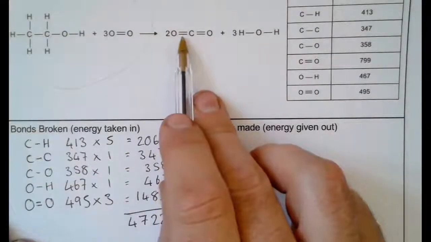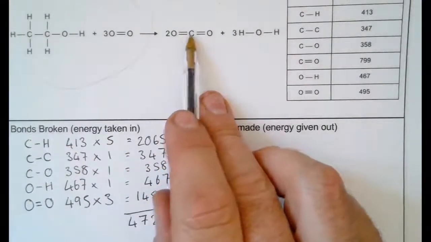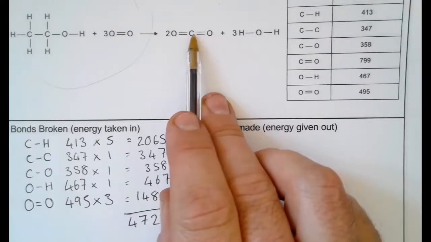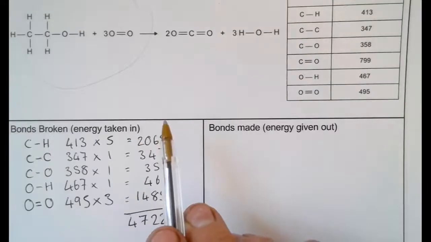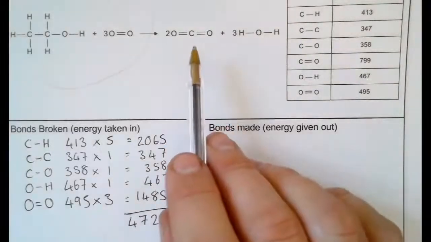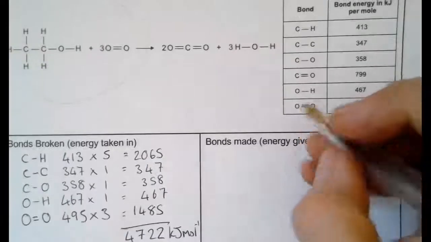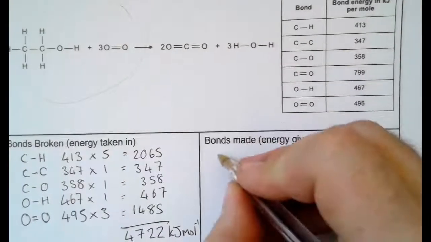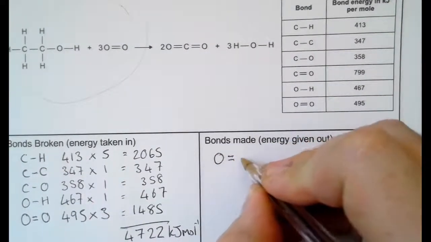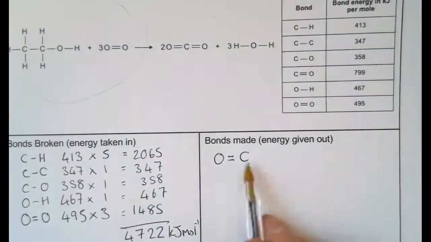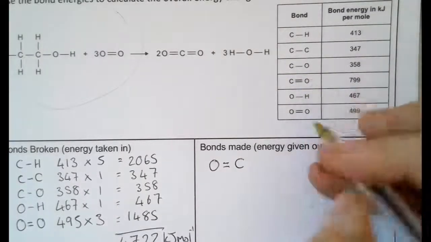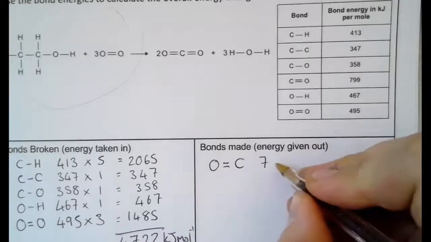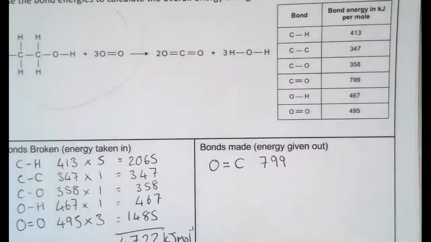I've got carbon dioxide here, so we have one carbon, and that carbon is bonded to two oxygens, each with a double bond. If we look at the oxygen to carbon double bond, it's here in our table. Each one of those has 799 kilojoules per mole of energy.